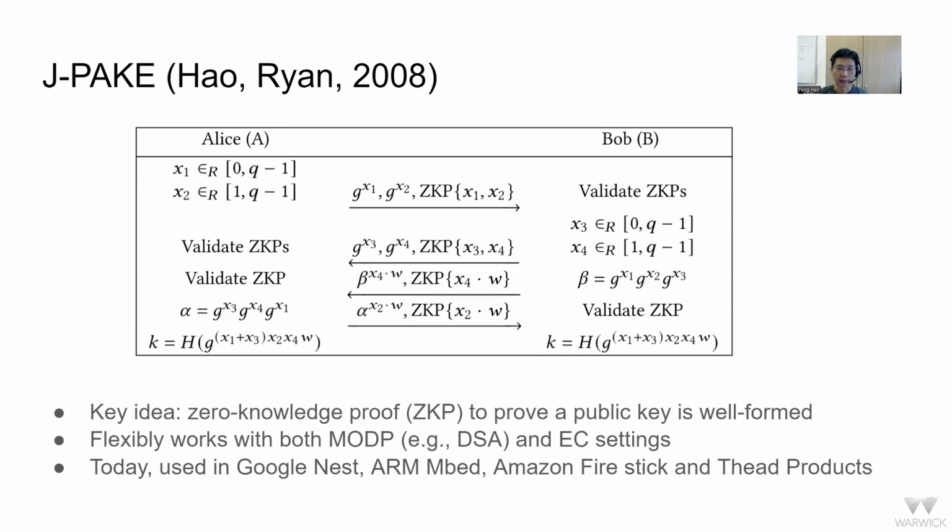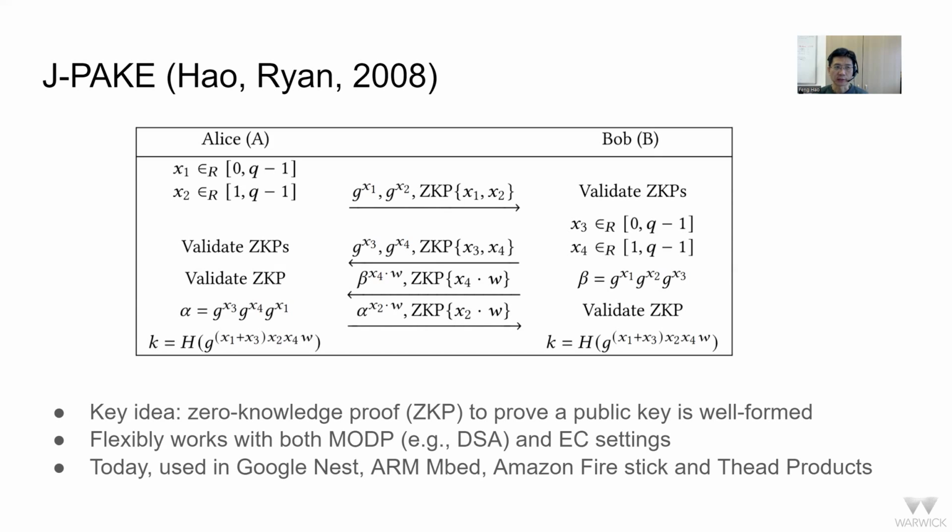In 2008, together with Peter Ryan, we proposed a solution called Password Authenticated Key Exchange by Juggling. In this case, Alice and Bob generate two pairs of random public keys, they exchange public keys, and they generate a new public key, they exchange it, and in the end, they compute a shared secret.